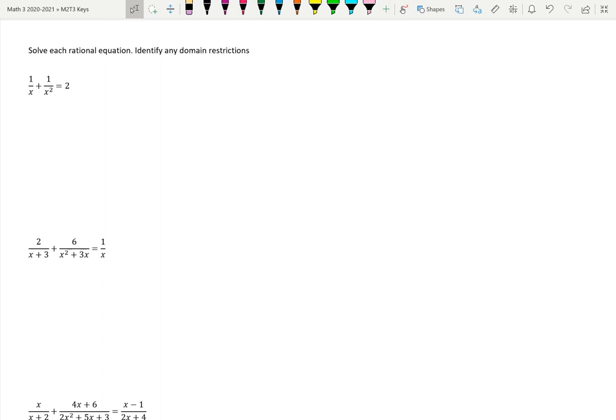Okay, so when we're solving rational equations, the idea is that we want to first look for when the denominator breaks. Remember, any situation when it has a denominator of 0 is going to result in an asymptote, right? This has been what we've been discussing. So when you assess this, before you do any process, you need to go ahead and look for the domain restrictions.